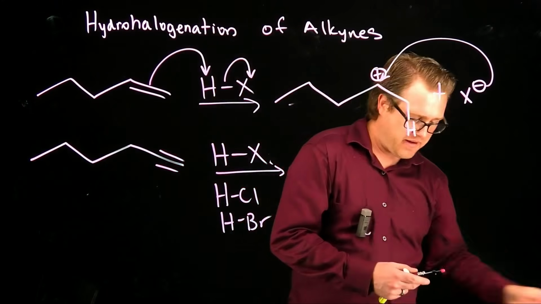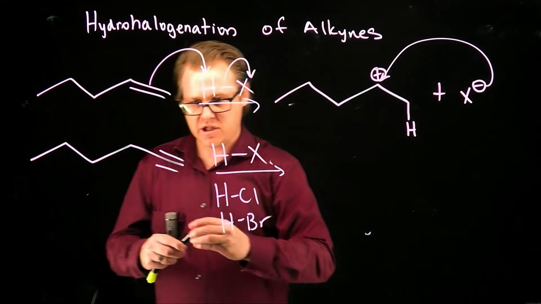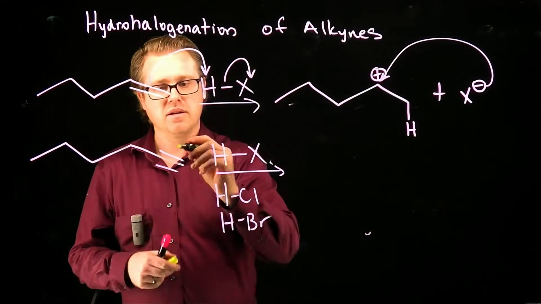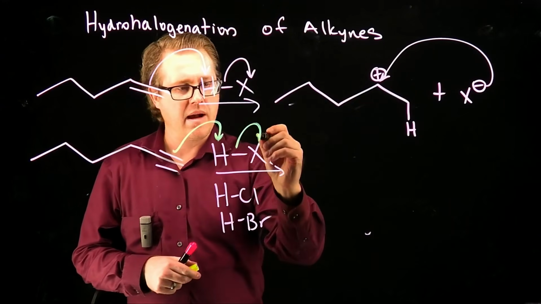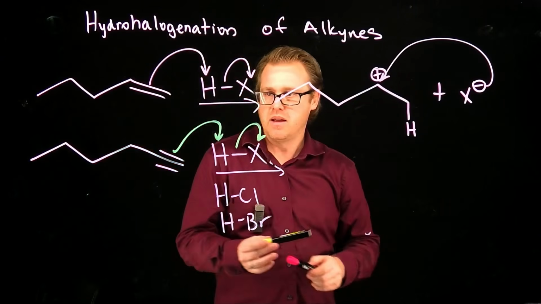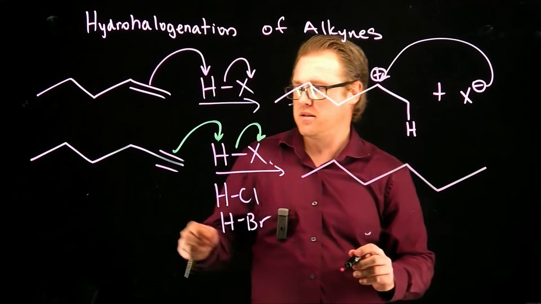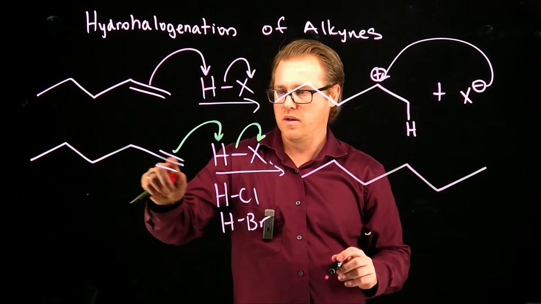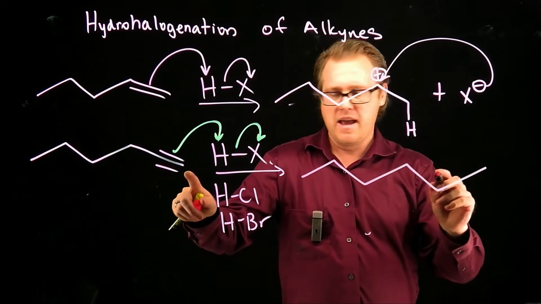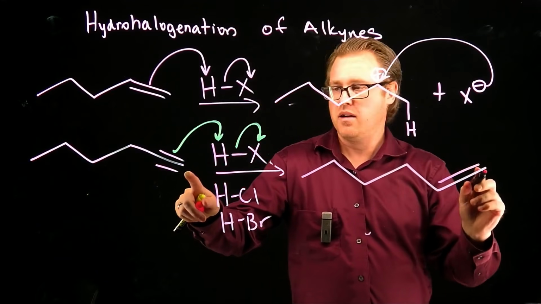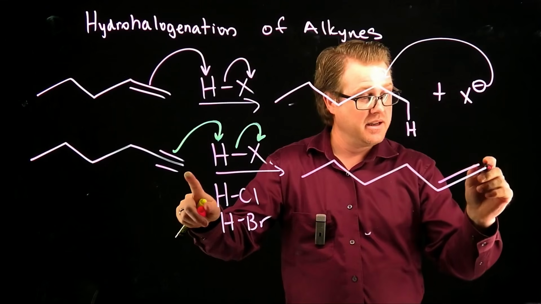Because what do we have here? We can have electron-rich pi electrons come and grab this like so. And then we would have our double bond there. A hydrogen would have added.